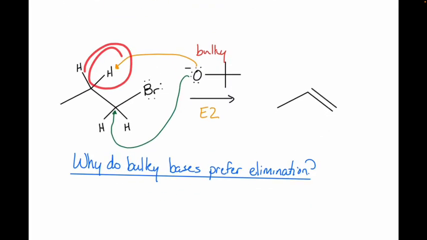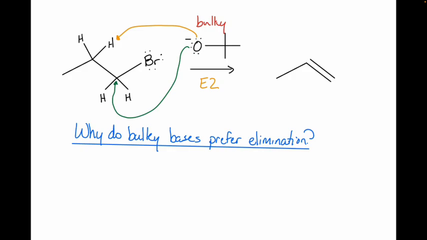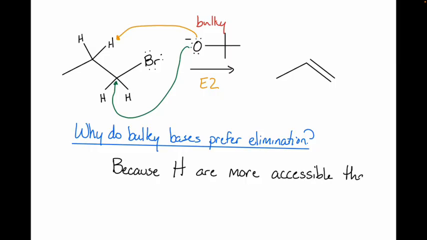These ones right here, right? So why do bulky bases prefer elimination? Because hydrogens are more accessible than our electrophilic carbons.